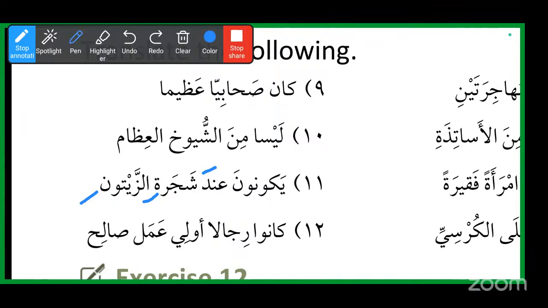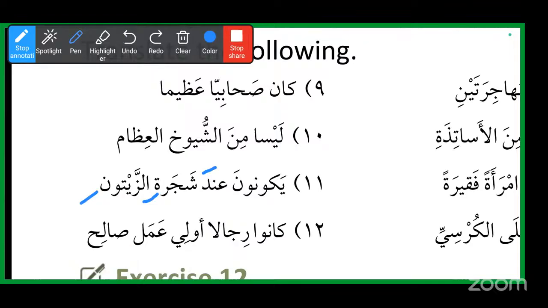Kanu rijalan uli amalin salihin. Kanu rijalan uli amali.